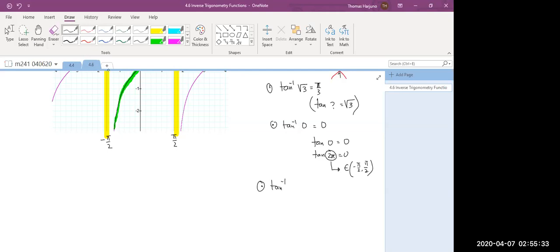Next one, how about if we deal with a negative angle, tangent inverse of, let's say, -1. So you ask yourself, tangent of what angle equals -1, while that angle has to be between negative pi over 2 and pi over 2?